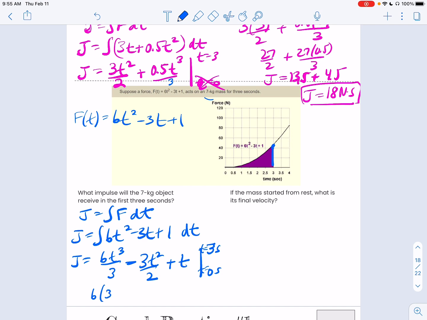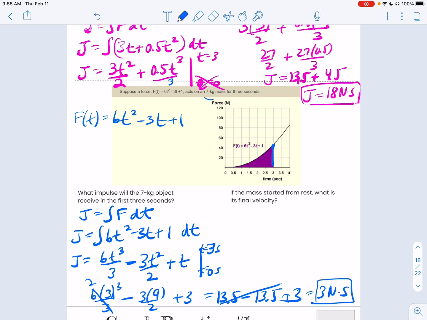Again, the 0 doesn't matter. So let's just do 3 cubed over 3 minus 3 times 9 over 2 plus 3. So 13.5 minus 13.5 plus 3, so that's going to be 3 newton seconds as my impulse.